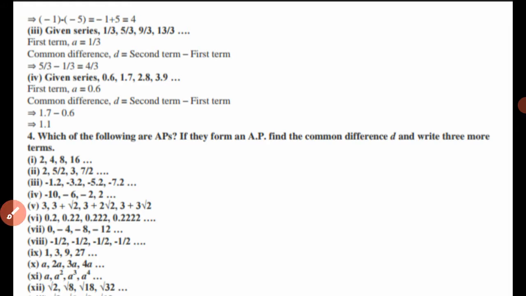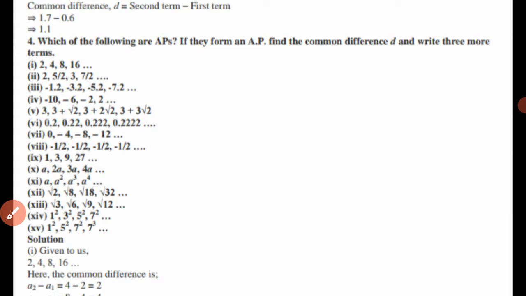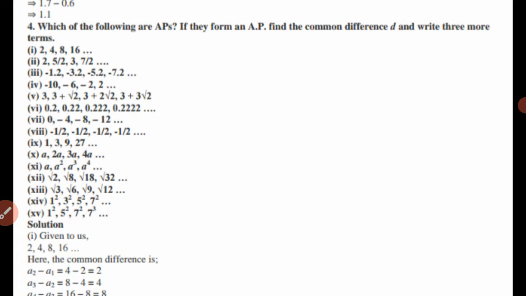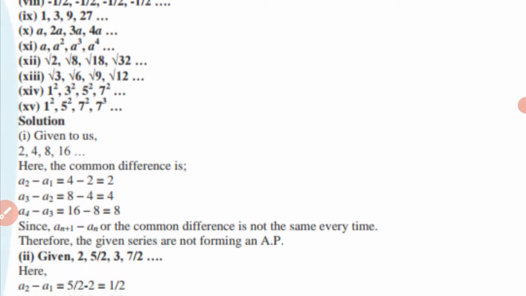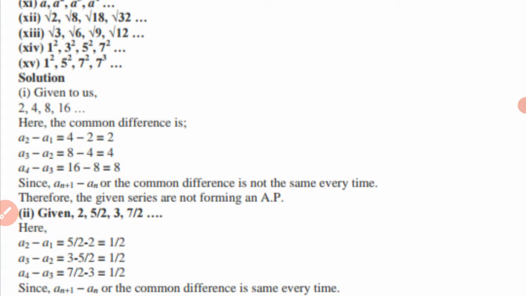Now see question number 4. In question number 4 we have given which of the following are AP. If they form an AP, then find the common difference d and write 3 more terms. So first we have to calculate whether these are AP or not. Now in first case we have given 2, 4, 8, 16. So here first we will find a2 minus a1, that is common difference.